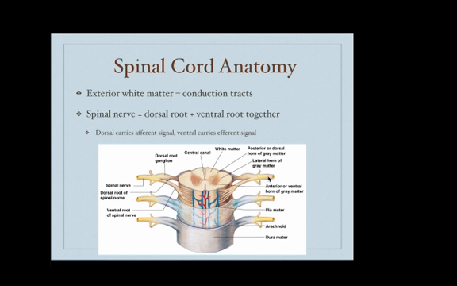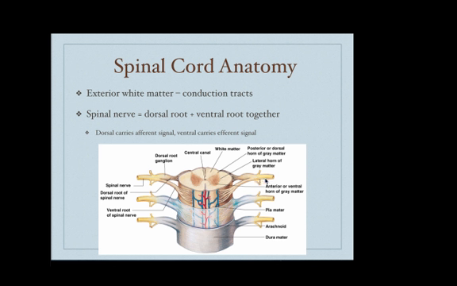Some are carrying information into the spinal cord. The outgoing signals are going to be found here in the anterior root, and the incoming signals are going to be found here in the dorsal root.